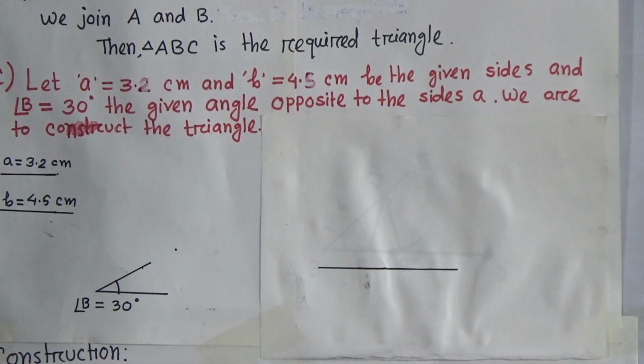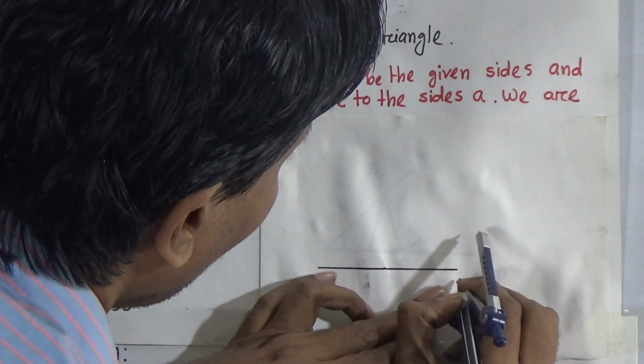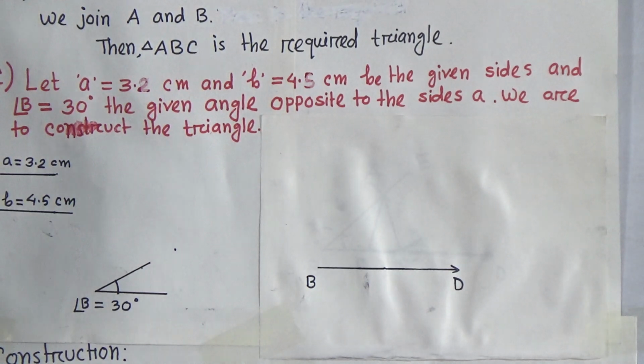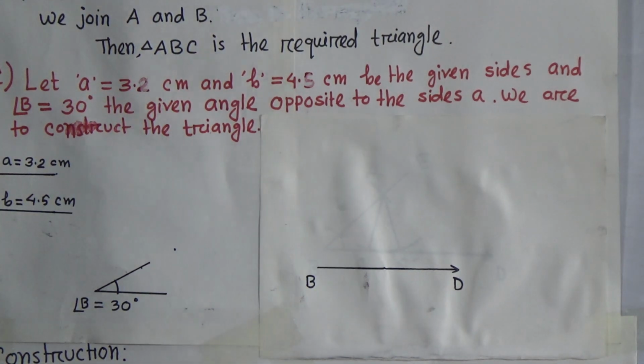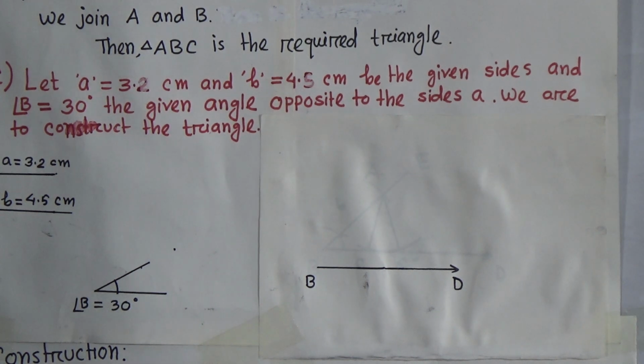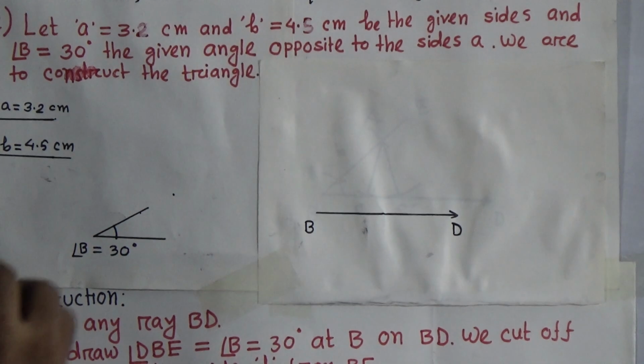Take now any ray BD. B and this is D and this is ray. Now we have to draw DBE equal to B, 30 degree at B on BD.